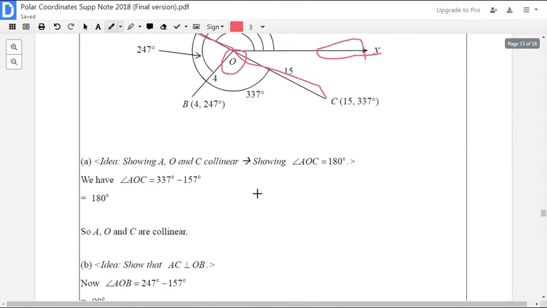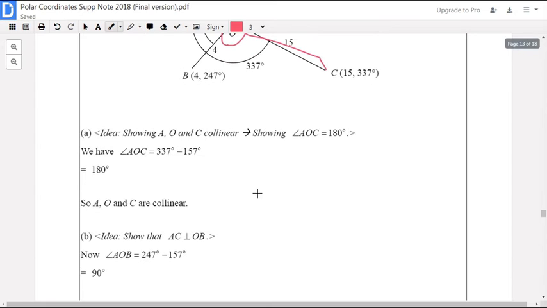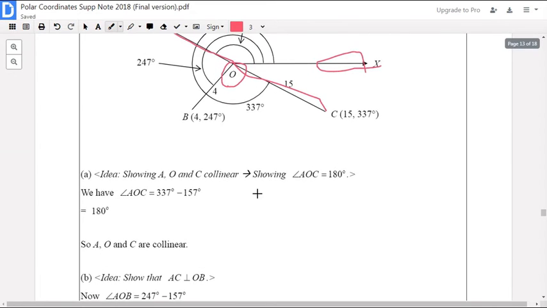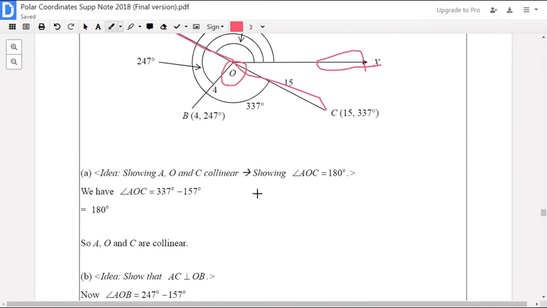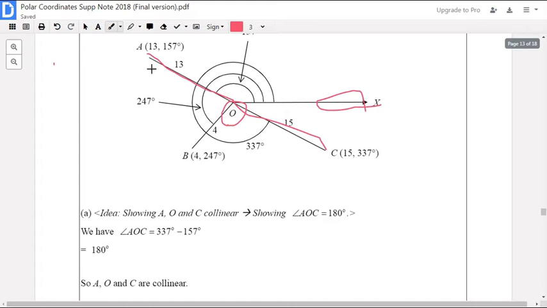Part B. We try to show that AC is perpendicular to OB. The line AC is perpendicular to OB. How to show?